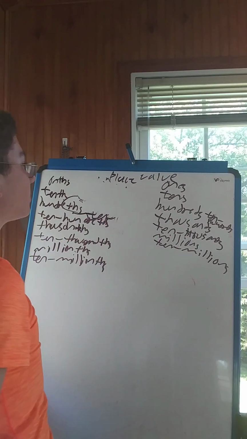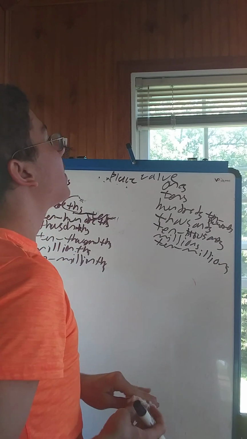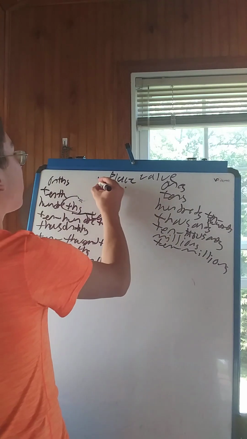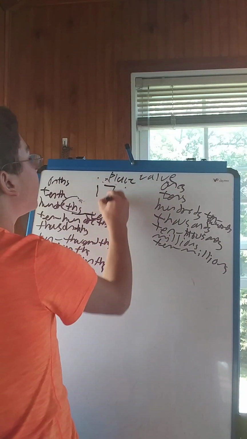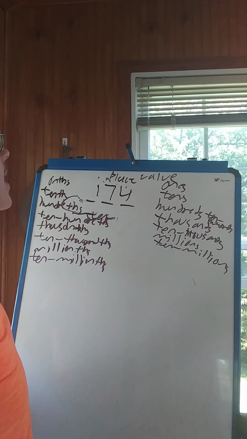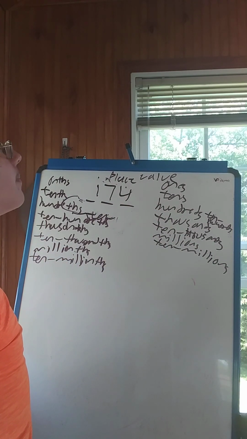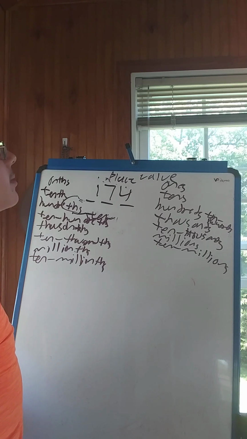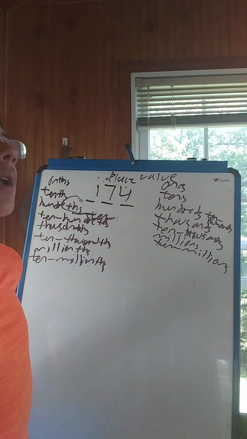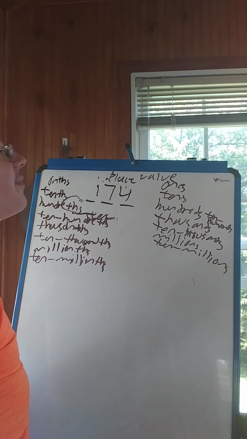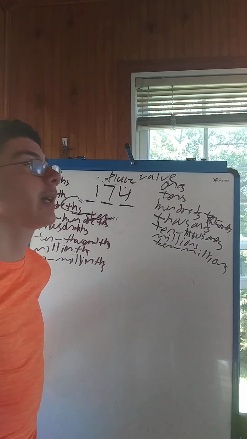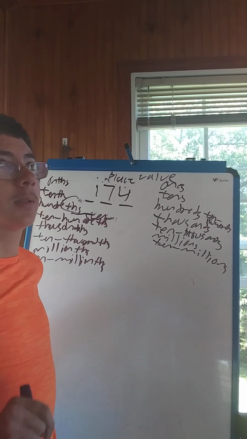Now we're going to up it a little bit, and we're going to do, say, 147. Going left to right, what would the 4 be in? What would the 4 be in going left to right? Thousandths. Wonderful.